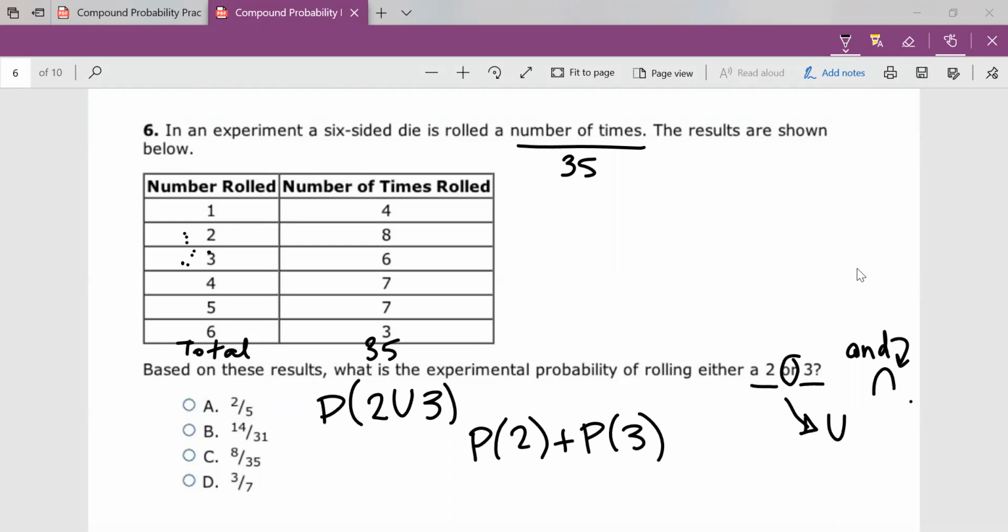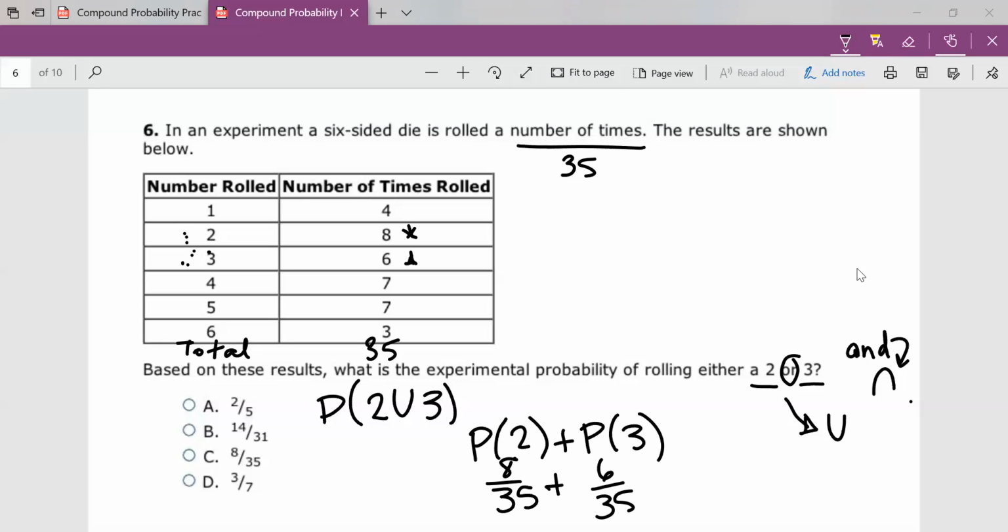So the probability of rolling a 2 is 8 out of the 35 times, and then we want to include the probability of the 3, which is 6 out of 35 times. This number here. So we want both of them because it's this or that.